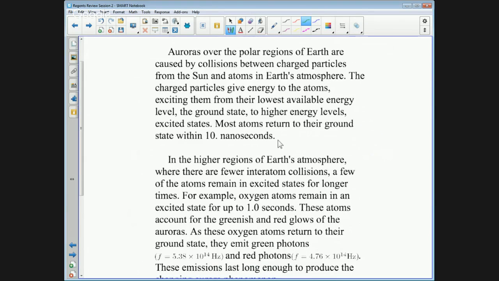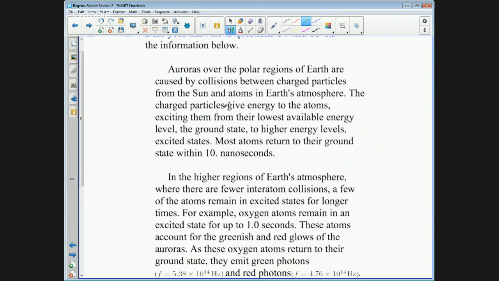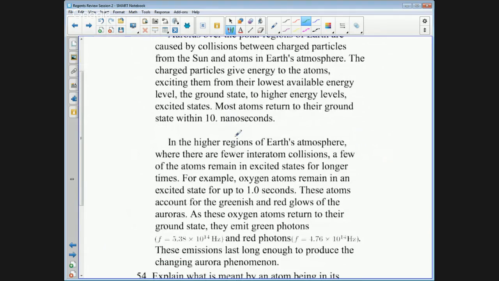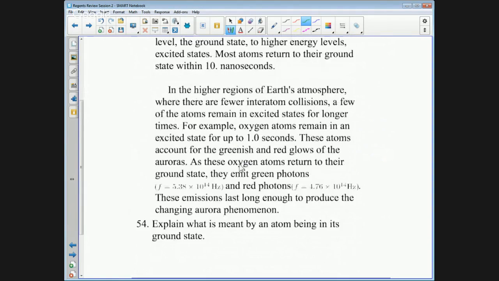I think these are the last two questions. This is based on some reading passage. I honestly don't know if you guys are going to get a reading passage to read. They kind of stopped doing that. But this passage basically says how the aurora borealis are formed, and it's a modern physics passage, so it involves stuff about energy levels and states.